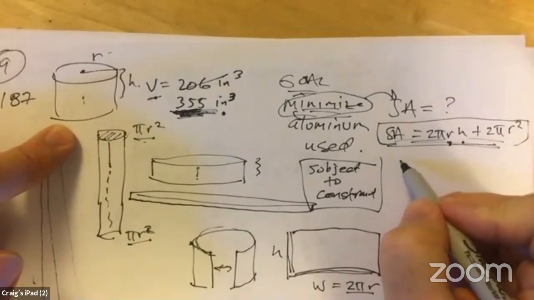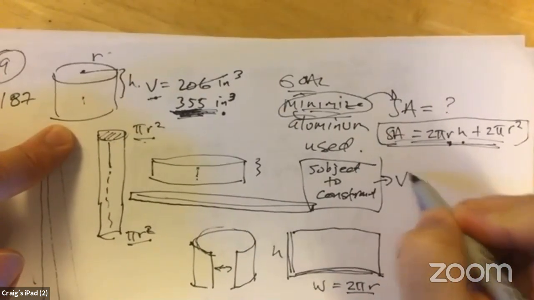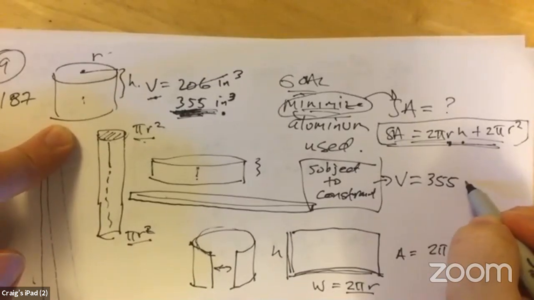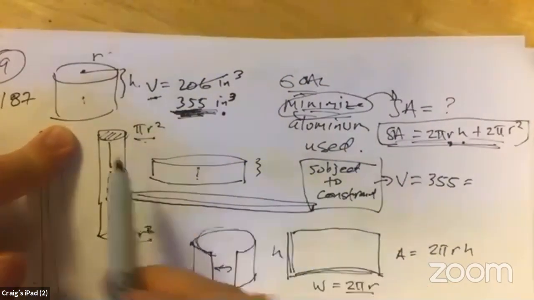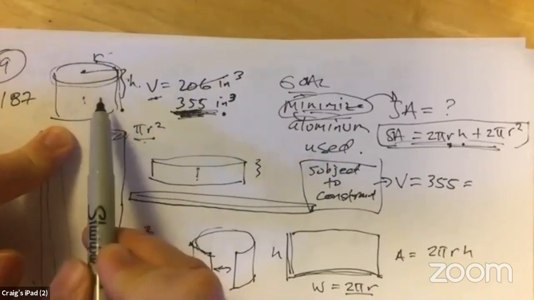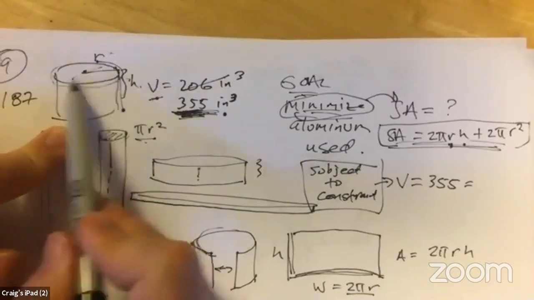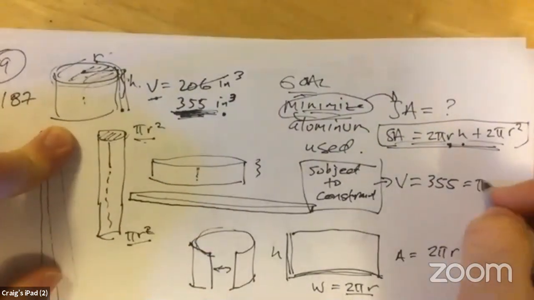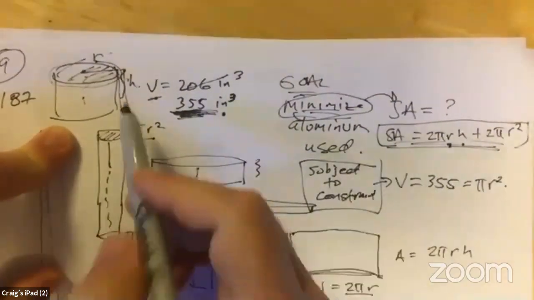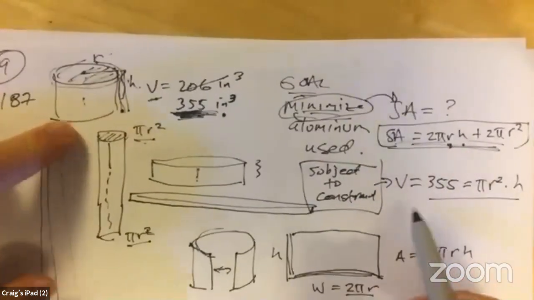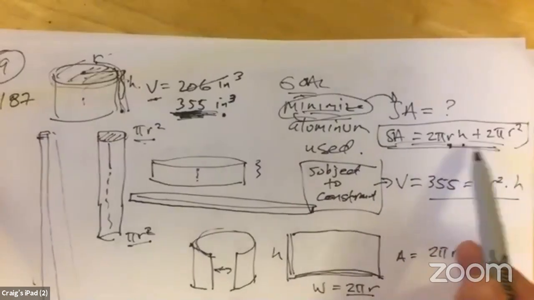The volume is just the base area times the height. So the base area is pi r squared, and the height is the height. This is our constraint, and the surface area is what we're trying to minimize.